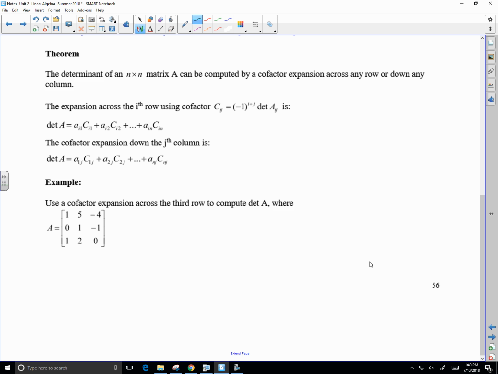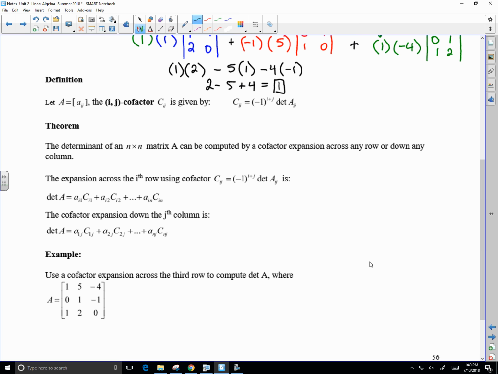Alright. So the cofactor expansion across the third row to compute the determinant. So that would be this idea here. So the cofactor itself is -1 to the i plus j, times the determinant based on that ij. Alright, so let's start with that component of it.